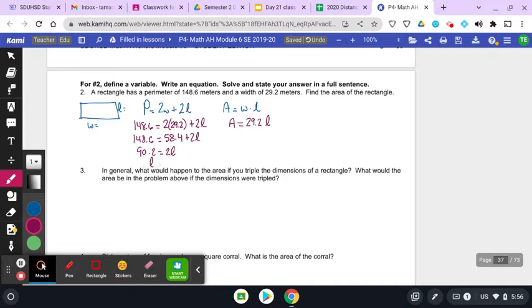And I get the length is 45.1 meters. Then I can go ahead and plug it into this formula. Area is equal to 29.2 times 45.1. So then I can multiply them together. And I get that my area is 1,316.92 meters squared.